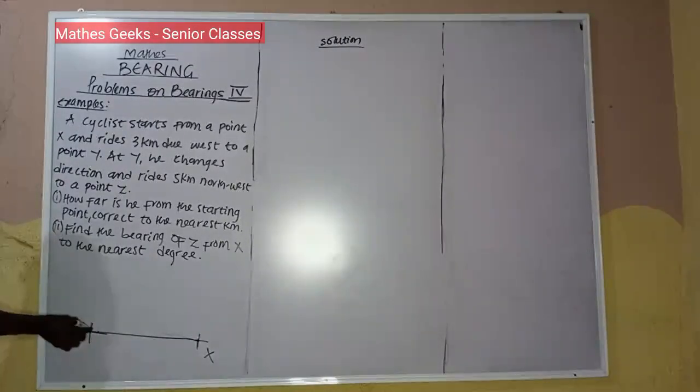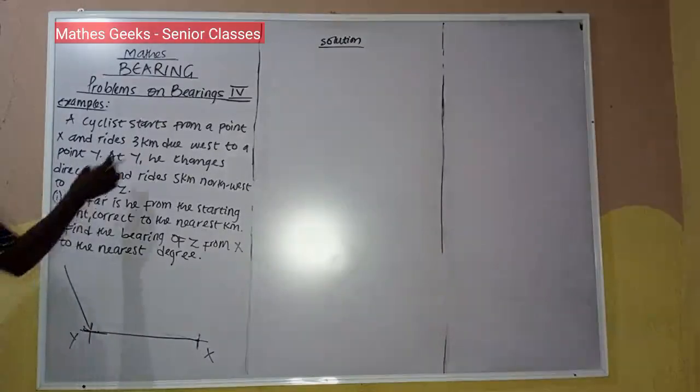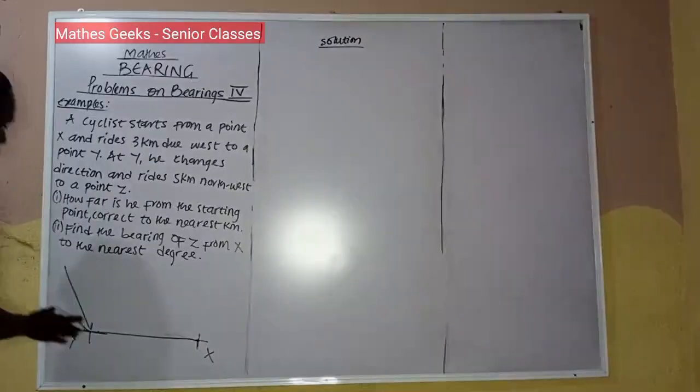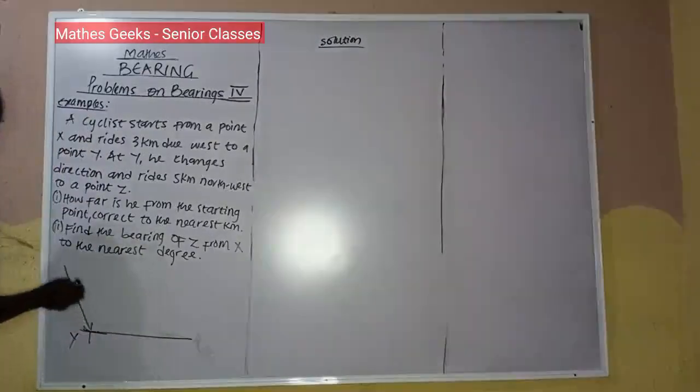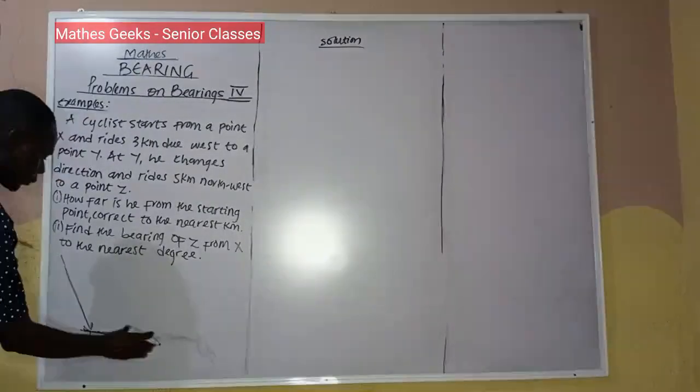Northwest is between the north and the west. Due west was 3 kilometers, so this extended line is not necessary. This is 5 kilometers.